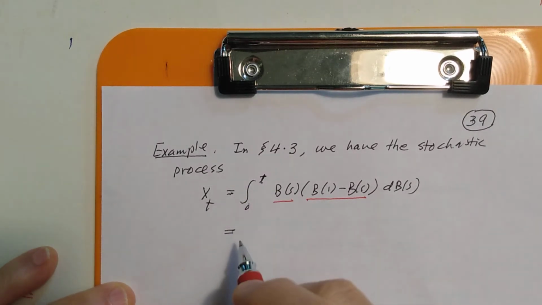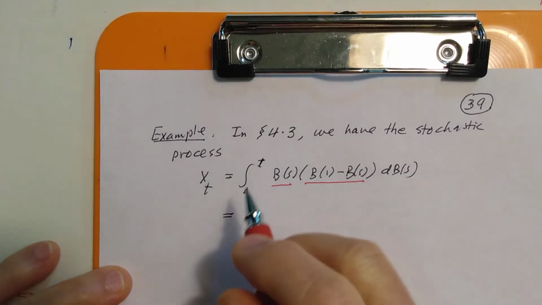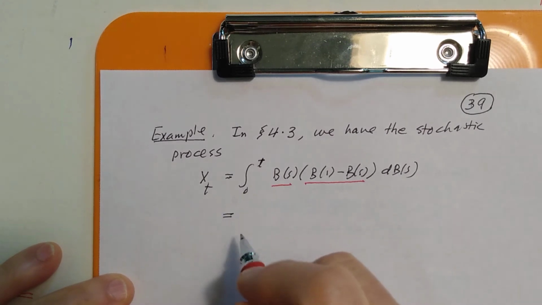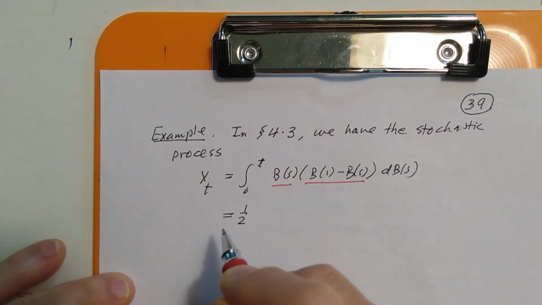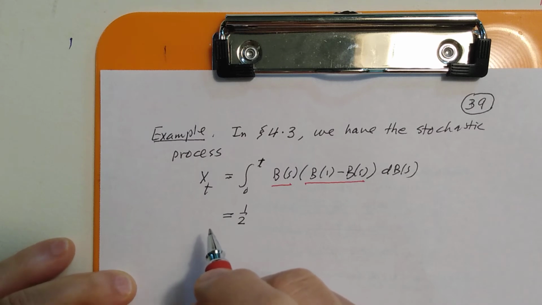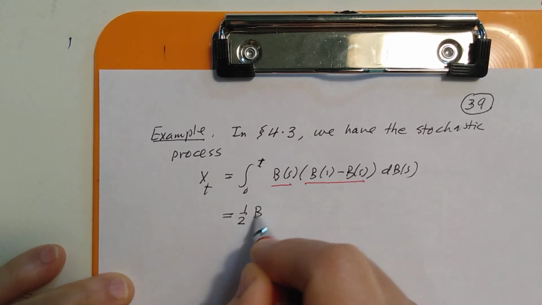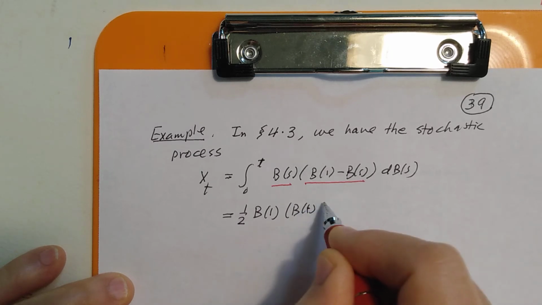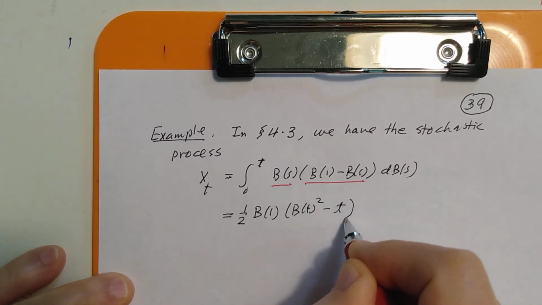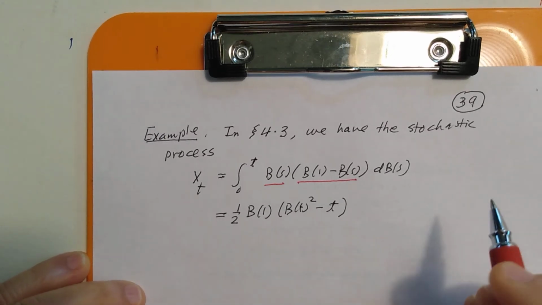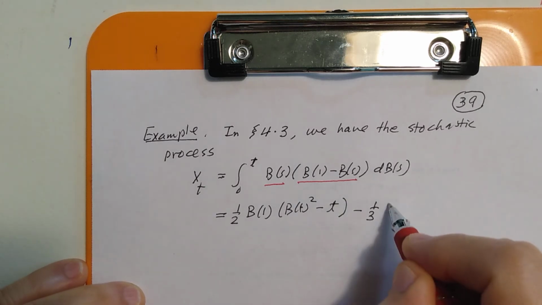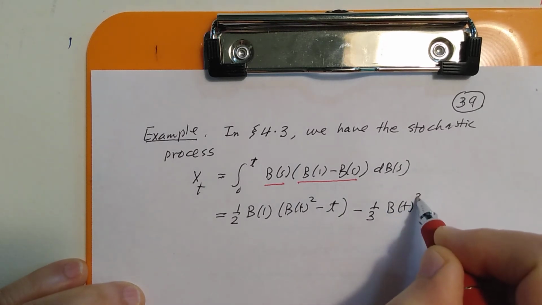And in section 4.3, we derive the value of this stochastic integral, and that is 1/2 of B_1 times (B_t squared minus t), and then minus 1/3 of B_t cubed.